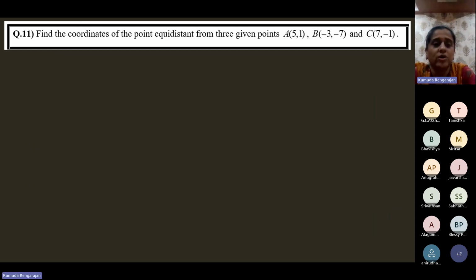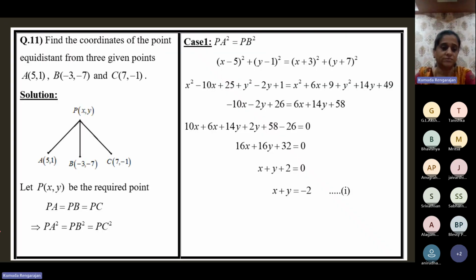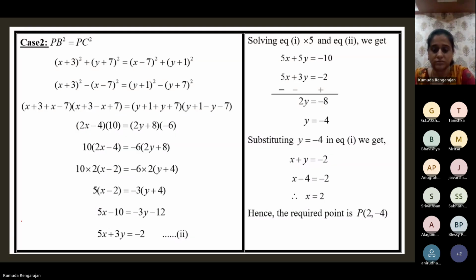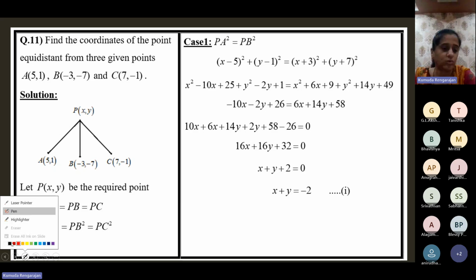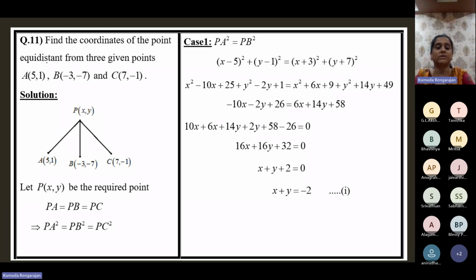Find the coordinates of the point equidistant from three given points A, B, and C. Please listen.